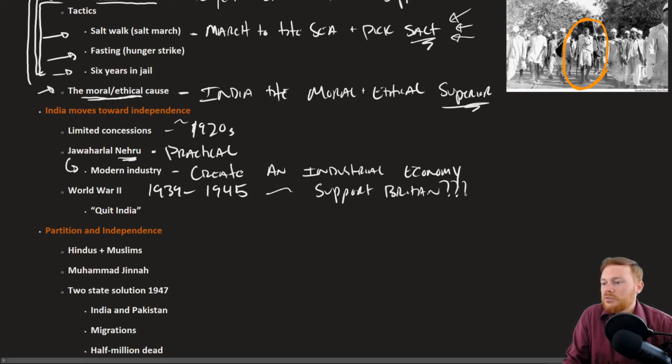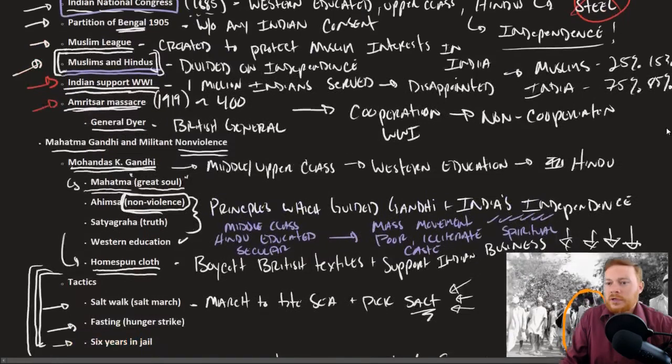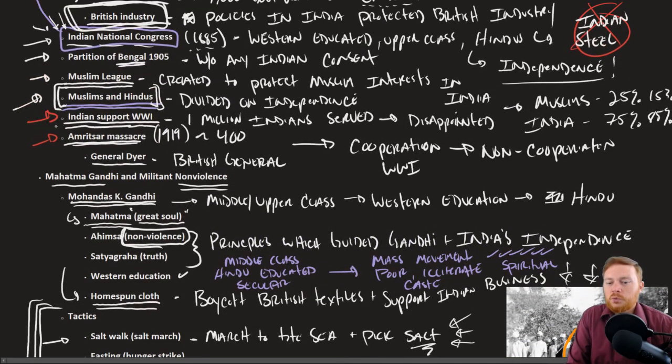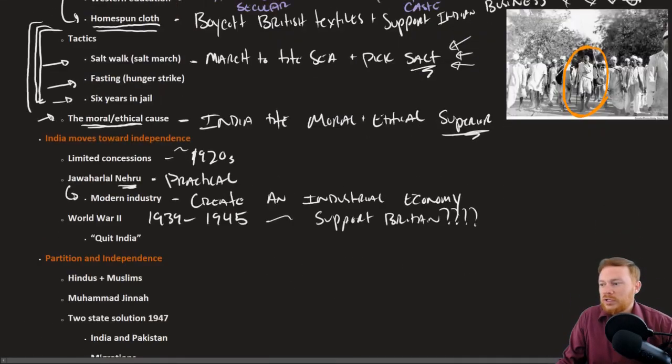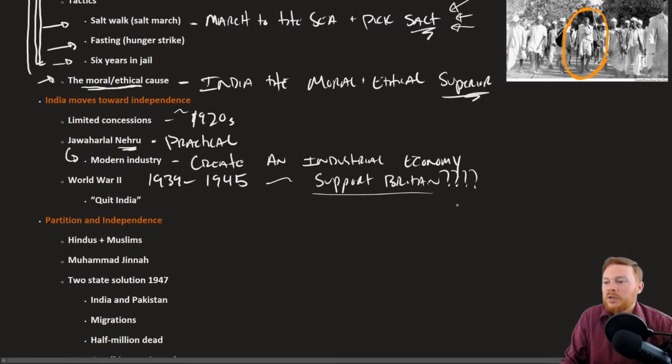Again, recall the history. Recall Indian support for World War I and how they were met by the British with essentially massacre and no concessions being gained. So the question was, should India and Gandhi support Great Britain in World War II? And in that respect, India was somewhat divided.